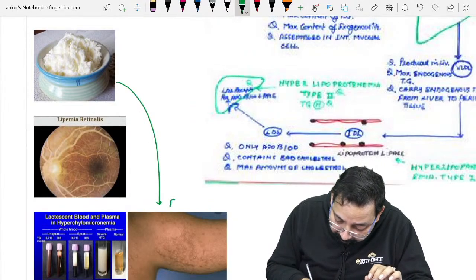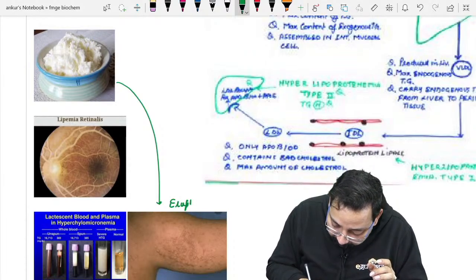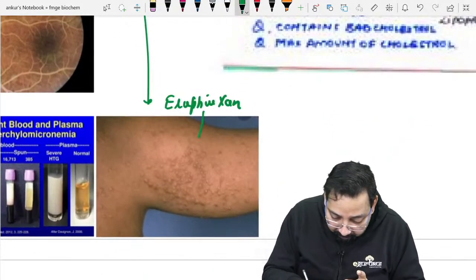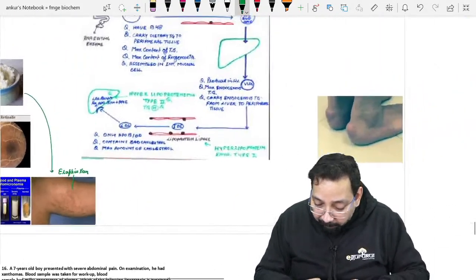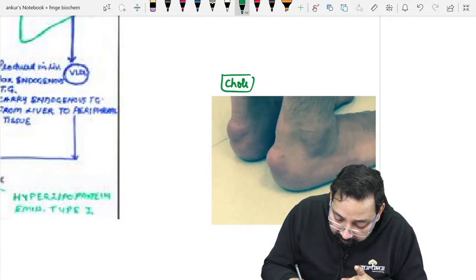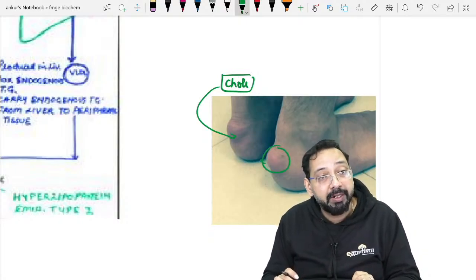This is called eruptive xanthoma. Erupting, eruptive xanthoma looks like this. And whenever cholesterol is increasing, there is tendon xanthoma, and the most common site is the tendo Achilles.